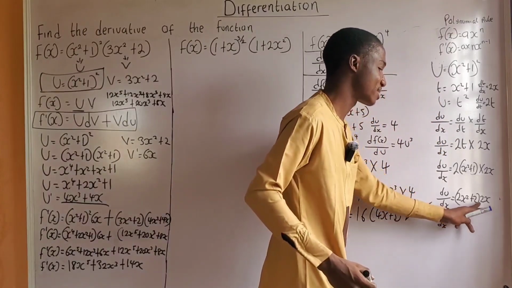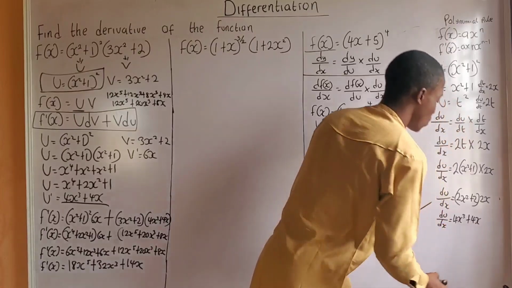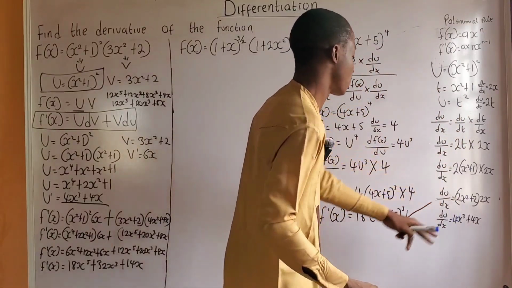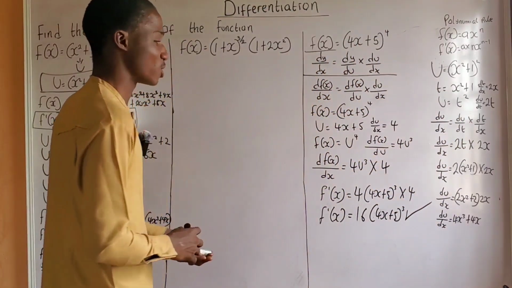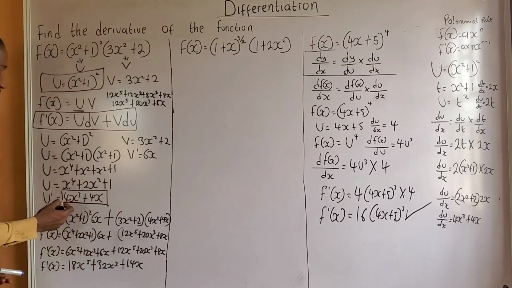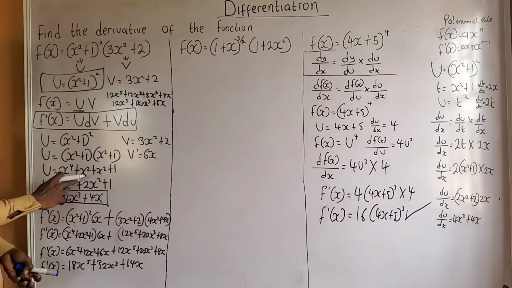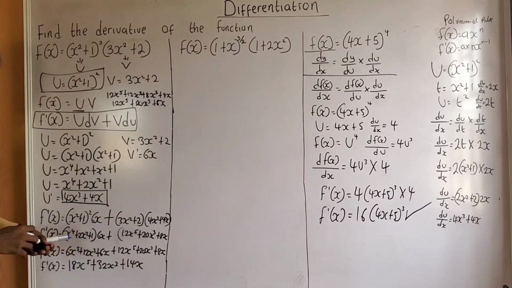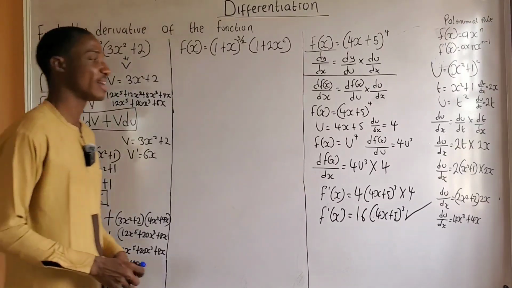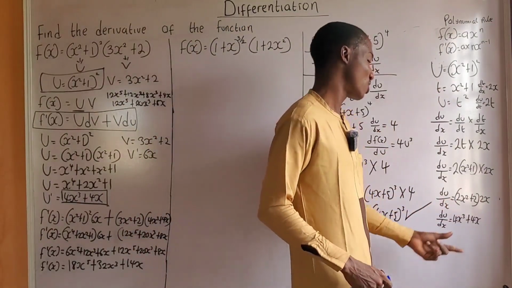Now, 2x times plus 2, that is plus 4x. So the derivative of this function is 4x raised to the power of 3 plus 4x. You can see that it is still the same. We have the same answer, just like when I expanded the bracket and differentiated using the polynomial rule. When I use chain rule directly without expansion, you're going to have the same answer.